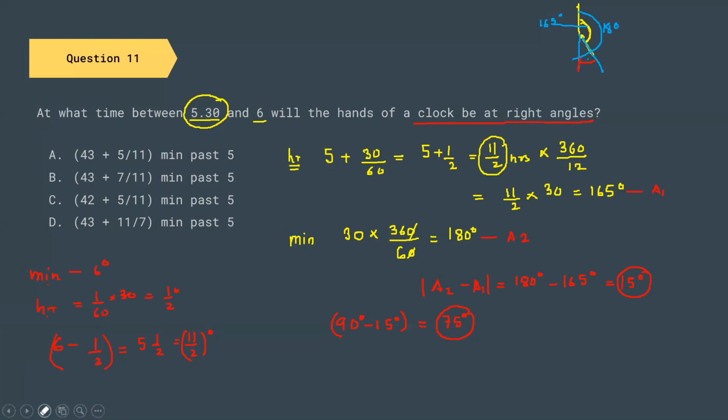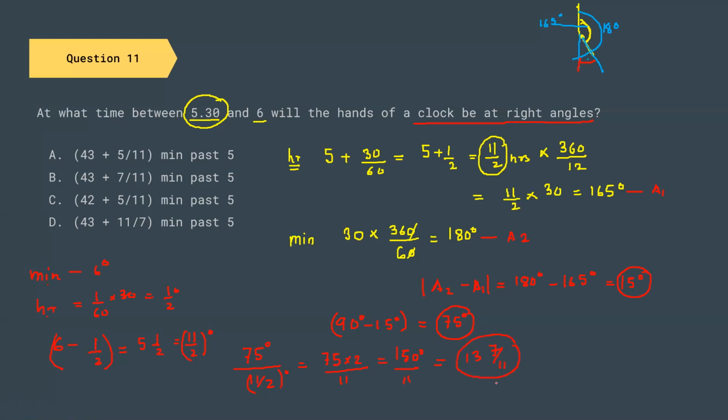We have to inscribe 75 degrees, and the relative speed is 11 by 2 degrees per minute. So this will be 75 into 2 by 11. That gives us 150 by 11, which again gives us 13 7 by 11.